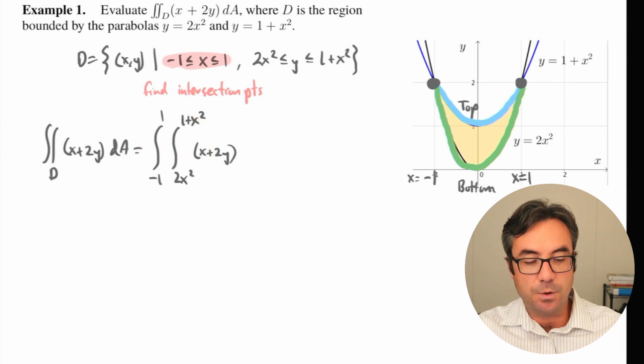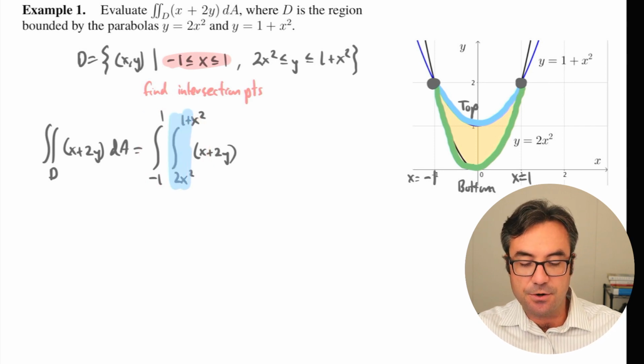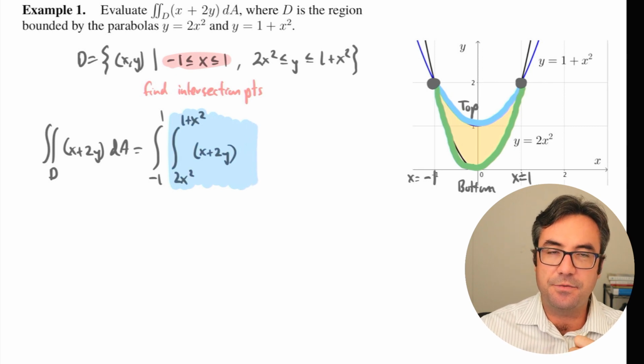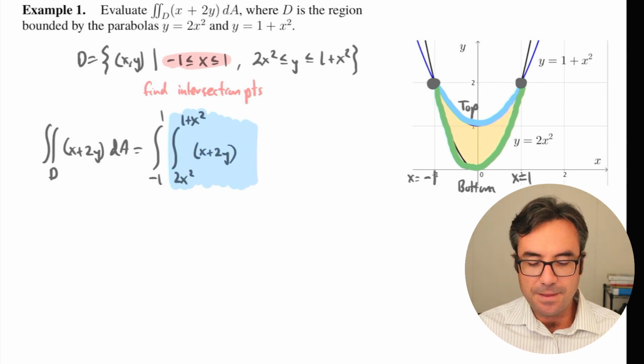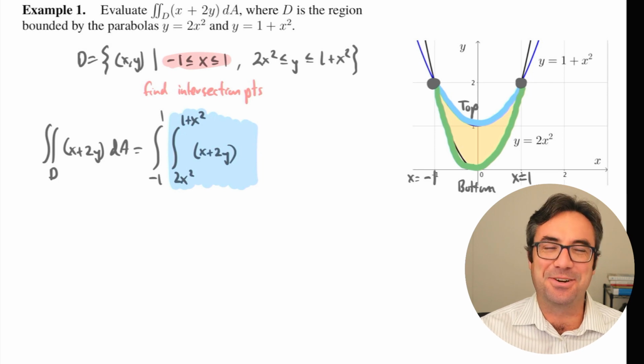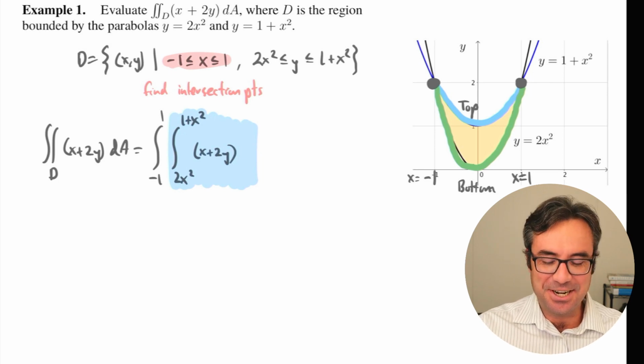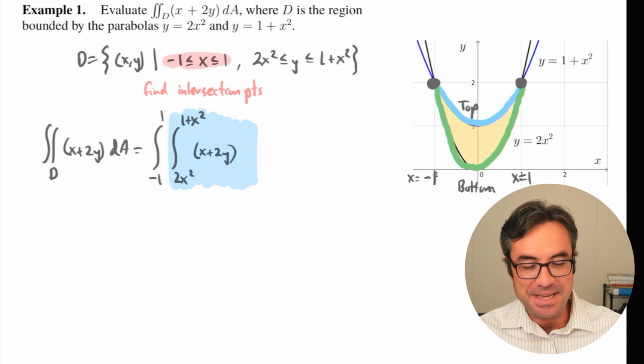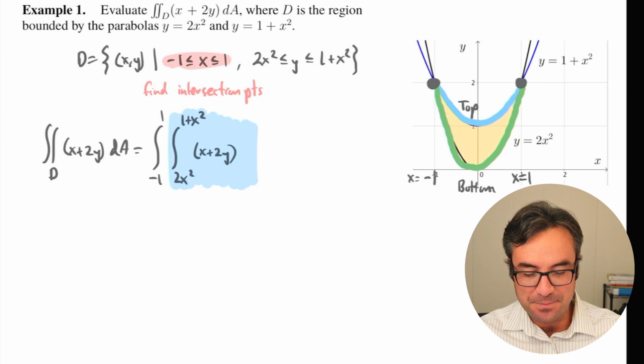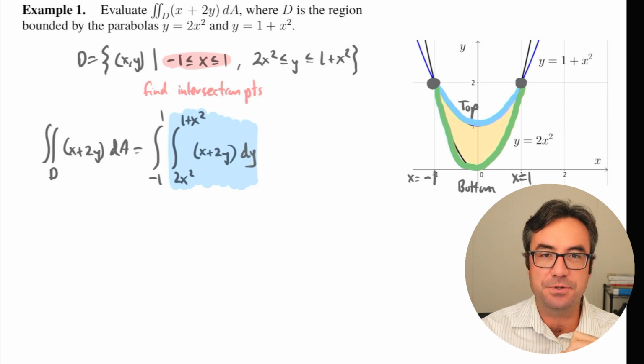So the first thing we're going to do is the inner iterated part, the inner integral. A lot of I terms. It gets to be a tongue twister. So the inside integral here, that's our integration with respect to y.